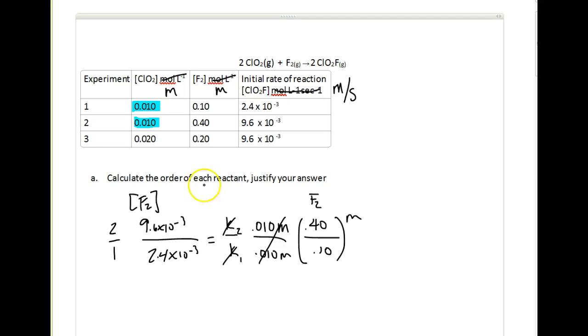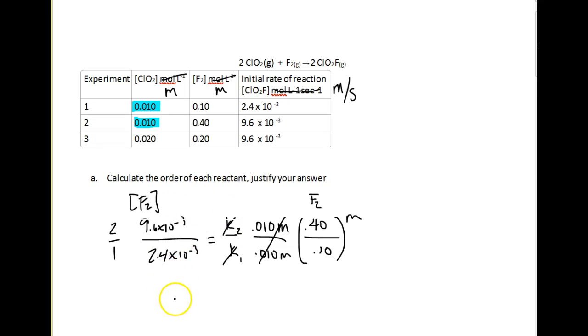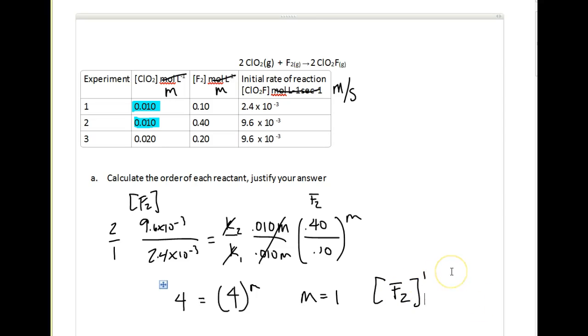And so let's go ahead and divide these out, and so we get 9.6 divided by 2.4 times 10 to the negative third equals 0.4 over 0.1, which is also 4, raised to m. And so obviously m is going to equal 1. So that lets us know that within our rate law, diatomic fluorine is going to be raised to the first power. There's our first order.